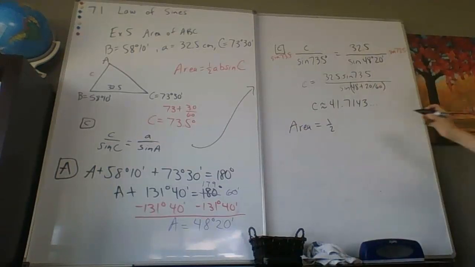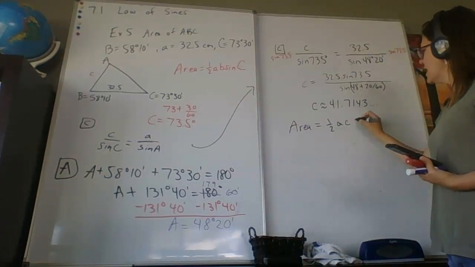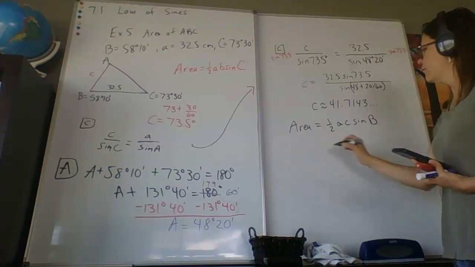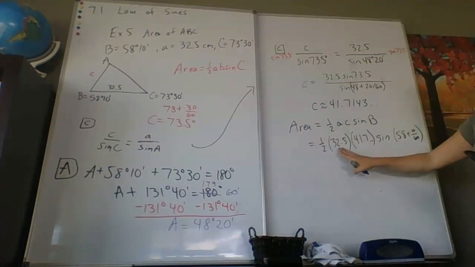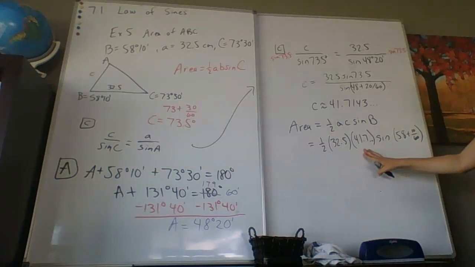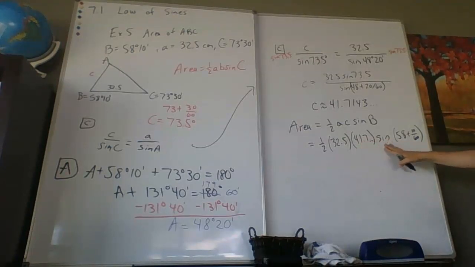So since I have side A and side C, I will now need to use the sine of B. So plugging in A, C, and B, I get 1/2 times 32.5 times 41.7, although we'll use the answer button on our calculator for accuracy, times sine of 58 plus 10 over 60, so that our angle is in degrees.